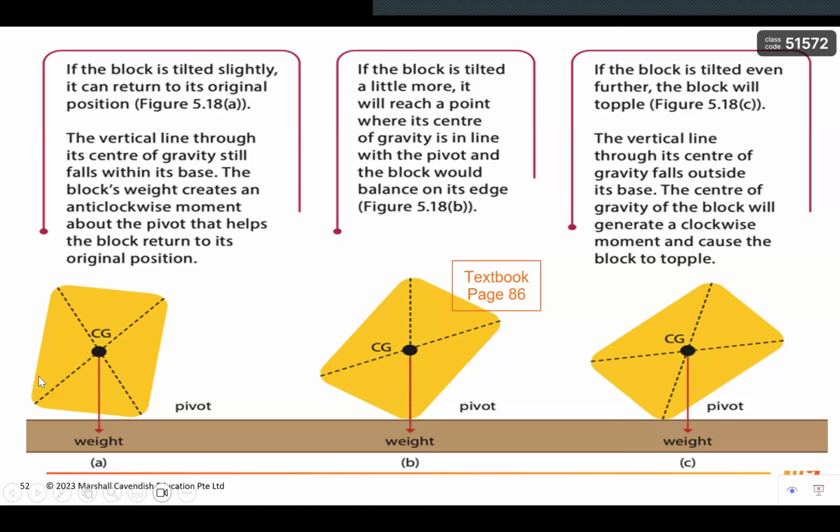So how do I explain it in terms of moments? There are always two parts that you need to explain in terms of stability. The first one, you can see I've highlighted over here, says that the vertical line through its center of gravity still falls within its base area. I hope you are able to see that the base area of the block is over here. Let me just highlight for you.